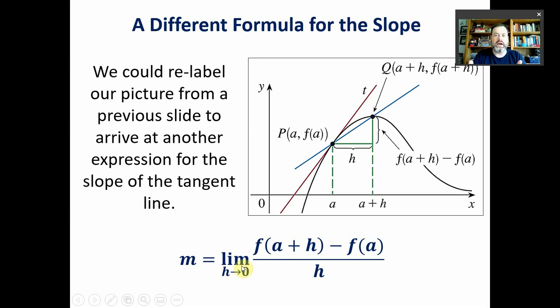We don't have to figure out, are we getting closer to 2 or getting closer to 1, right? It doesn't matter where P is, right? Because that does not appear in the limit. Now, P, the value of a here in P appears over here, but that's okay. So let's see how to use this. Sometimes I prefer this formula, sometimes I like the other one. We'll see how it goes.